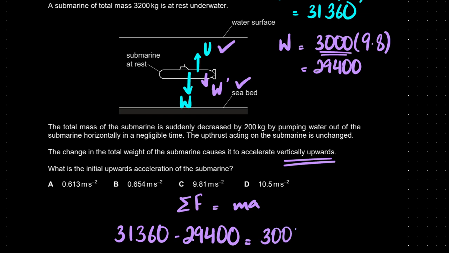Equals 3000 a. So 31,360 minus 29,400 divided by 3000 is 0.6533. So 0.654 is what we're going for, right? So the answer to this one is B.